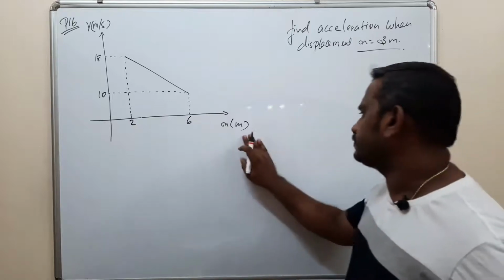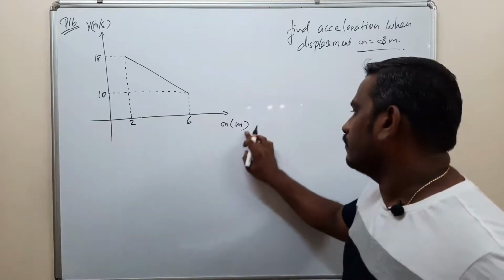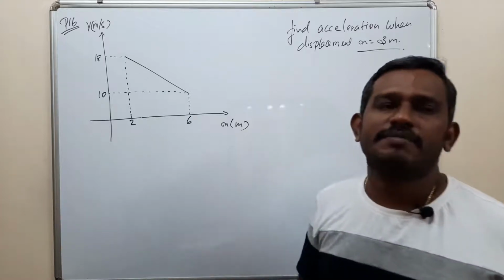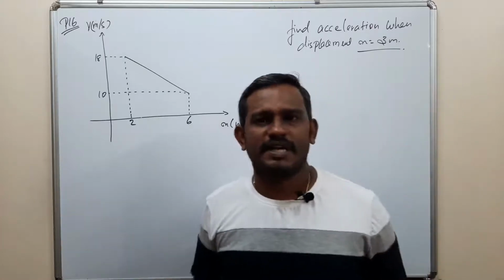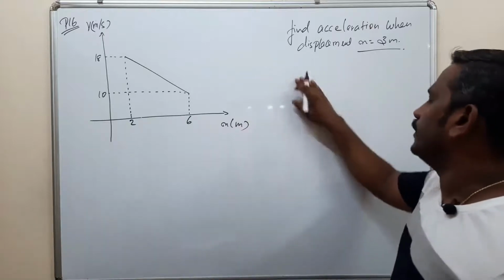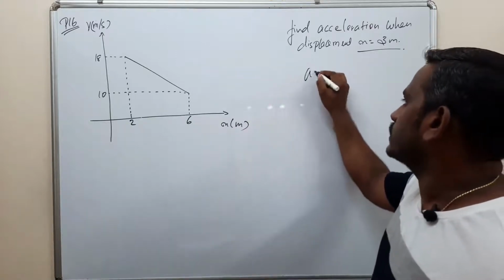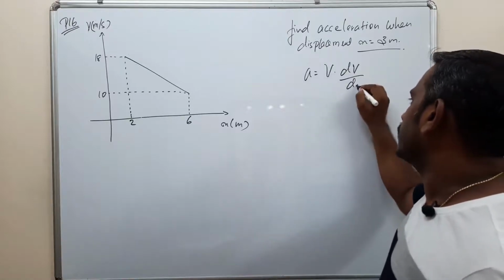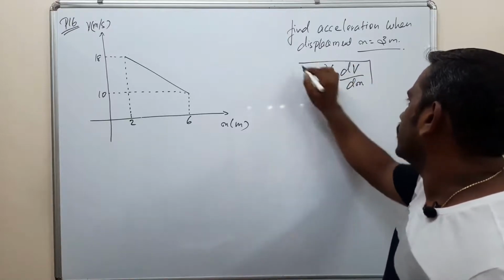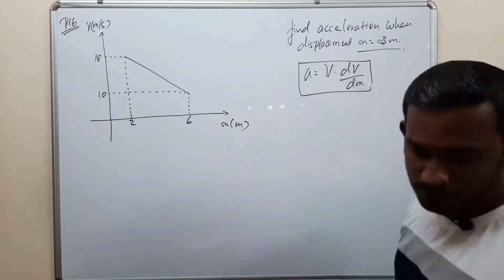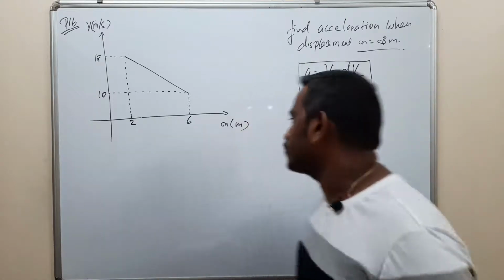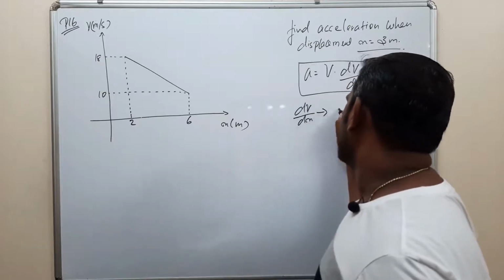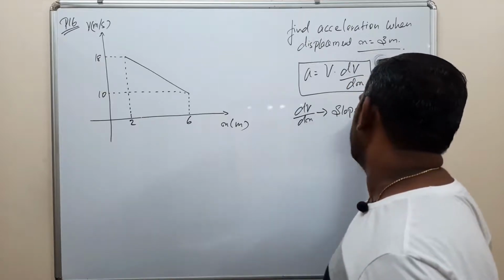When velocity is a function of displacement, we have studied a formula to find the acceleration. Acceleration is equal to v into dv by dx, where dv by dx is the slope of the curve.